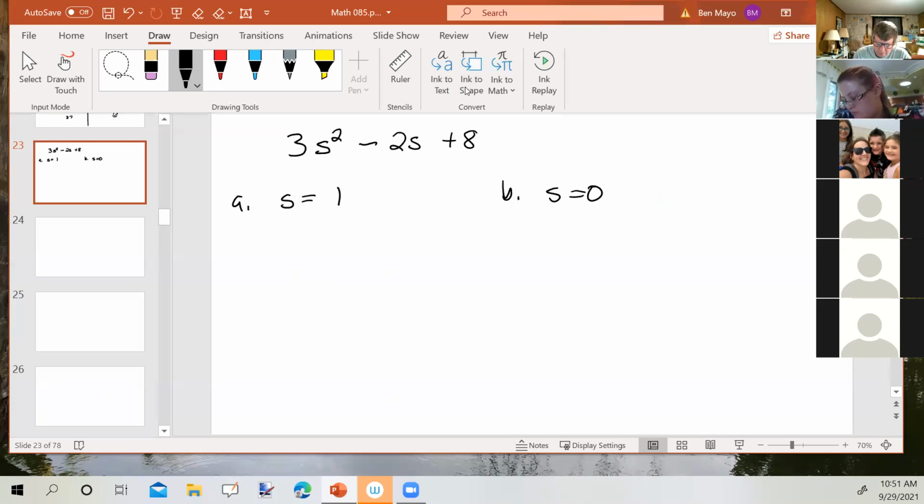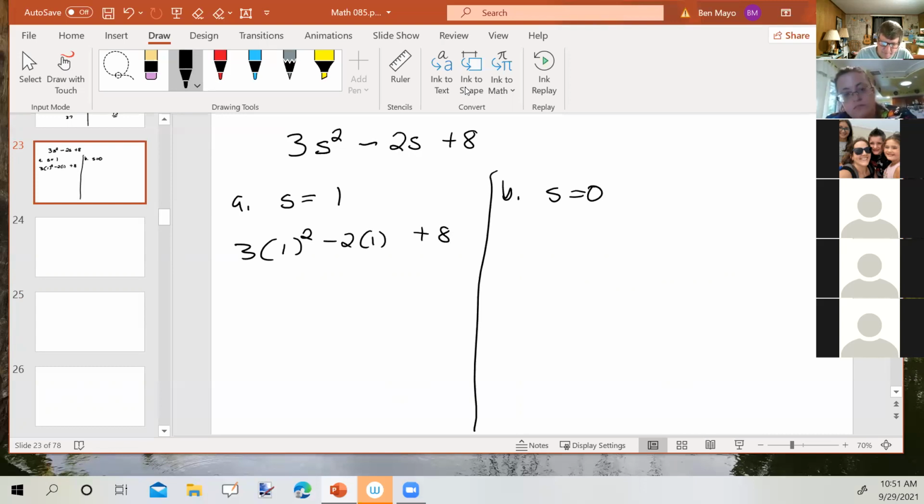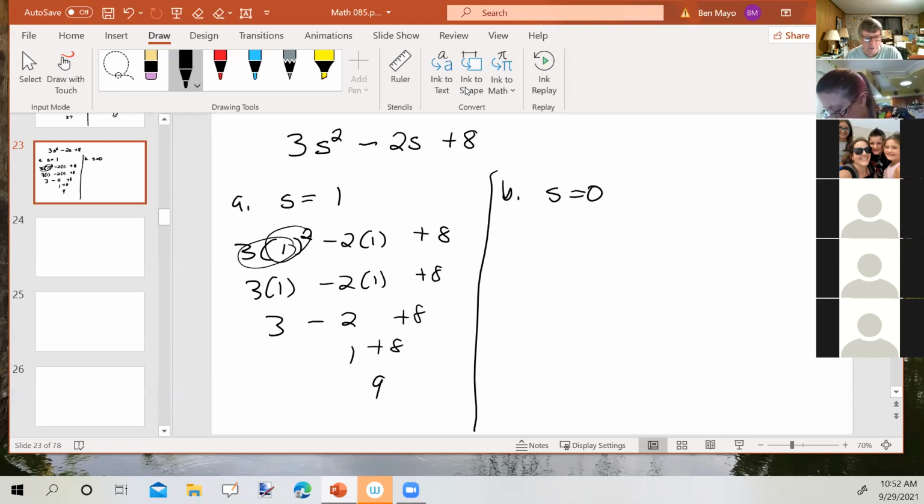So when s is 1, we get 3 times the quantity 1 squared minus 2 times the quantity 1 plus 8. Order of operations, we do exponents first. So 1 squared is 1, so we've got 3 times 1. Then the regular multiplication, 3 times 1 is 3, minus 2 plus 8, 1 plus 8 is 9. But again, we do the exponents before the regular multiplication.